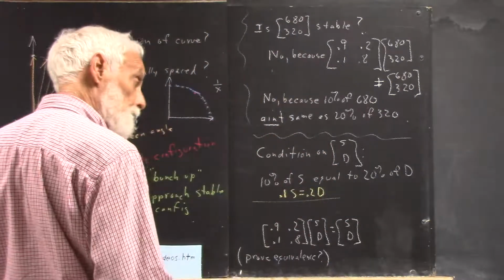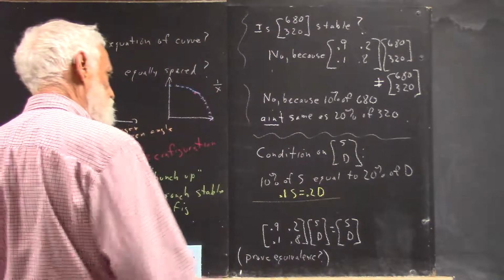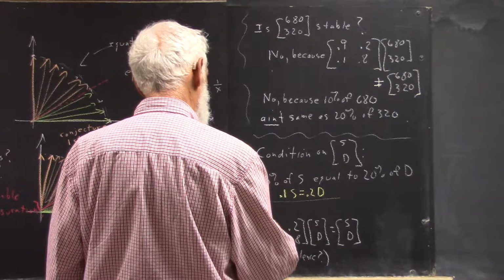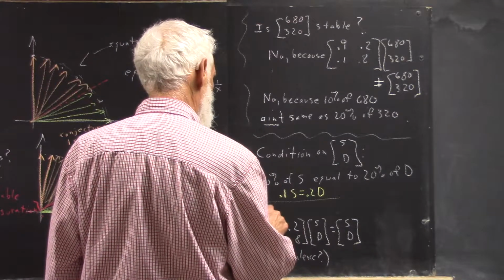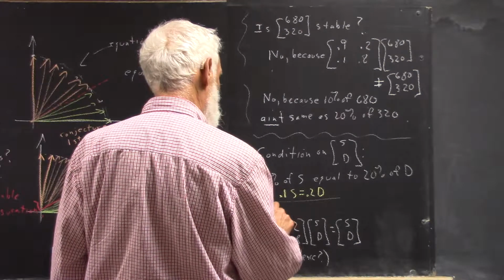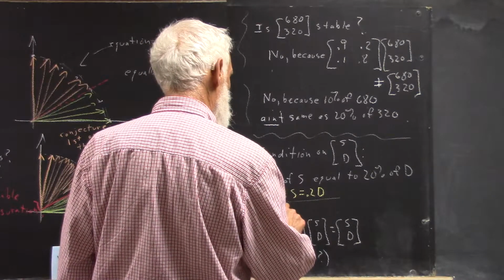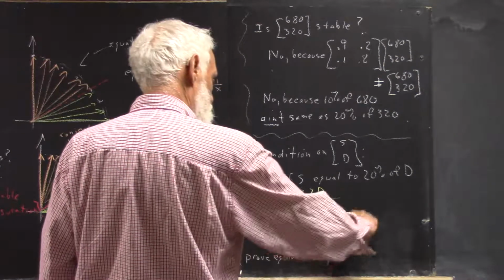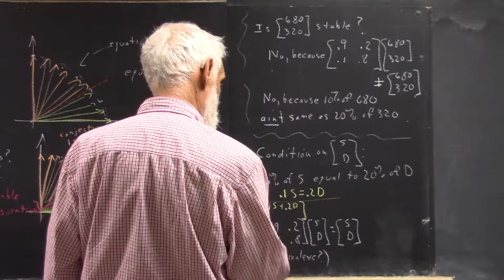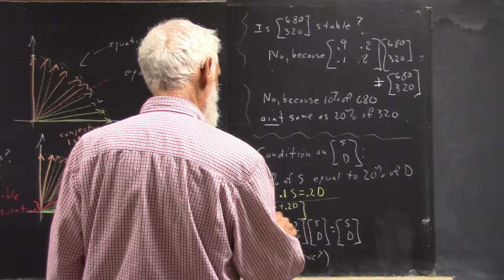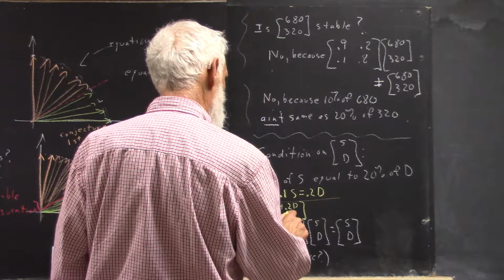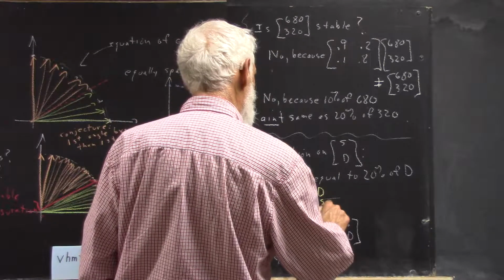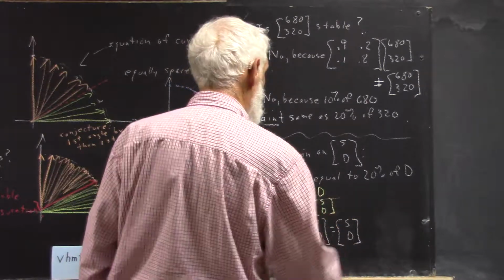Whereas this says what? Well, if you just multiply the matrices, this says that 0.9 S plus 0.2 D, which is what you get from the first row times the column here, and 0.1 S plus 0.8 D should equal SD, right?